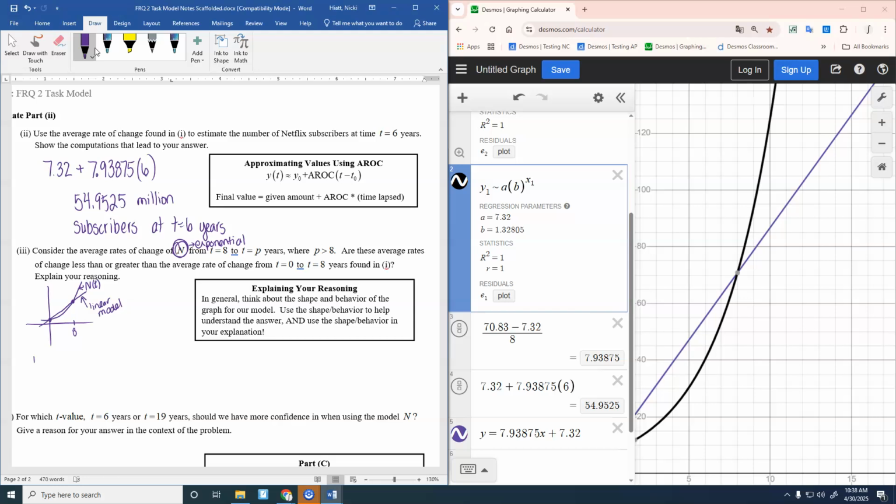And so you could say something like, using the average rate of change, the number of subscribers increases at a constant rate.